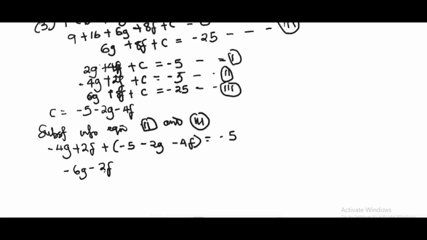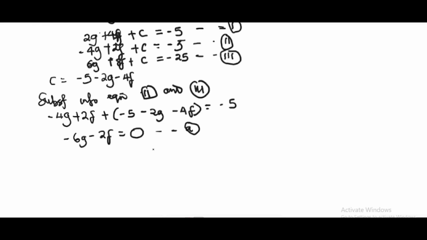Okay, so we have minus 5, right? So if minus 5 goes over to the other side, it becomes plus. So minus 5 plus 5 will give us 0. Okay, so now let me call this one A, a baptismal name. Let's call it A.